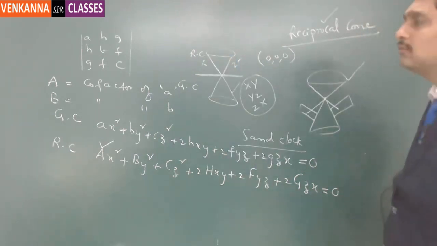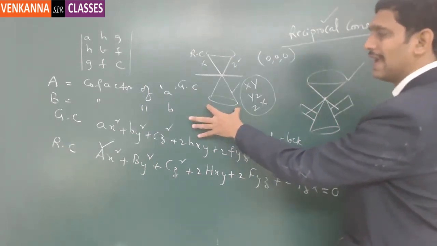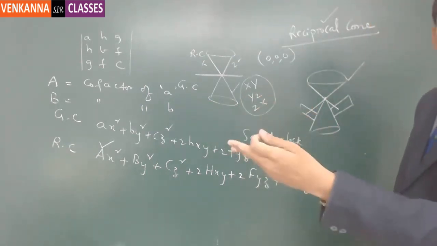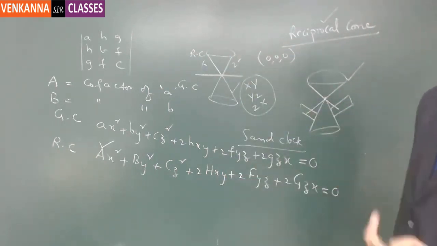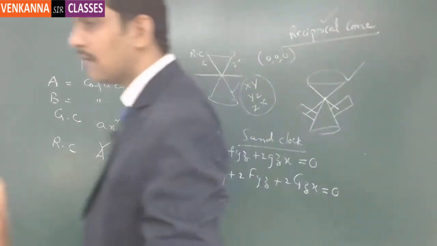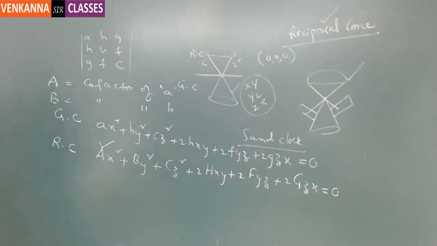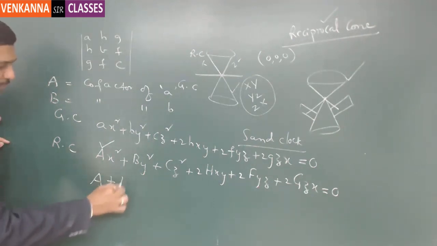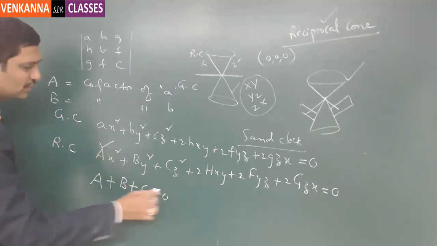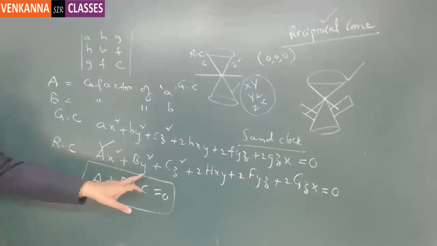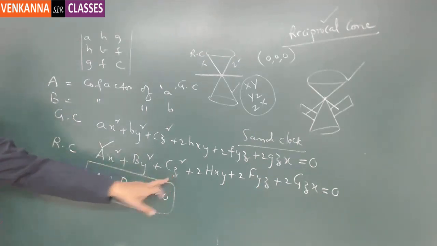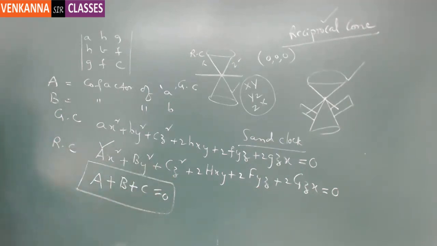So if the given cone has three mutually perpendicular tangent planes, then the reciprocal cone has three mutually perpendicular generators, and vice versa. Clear?